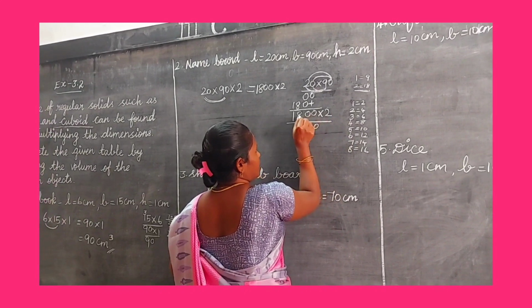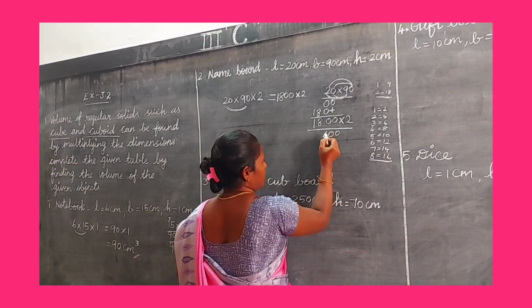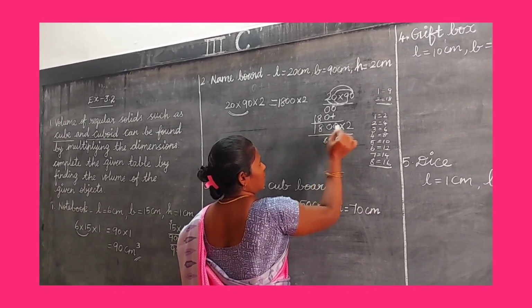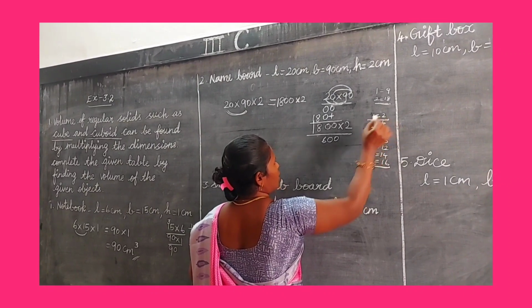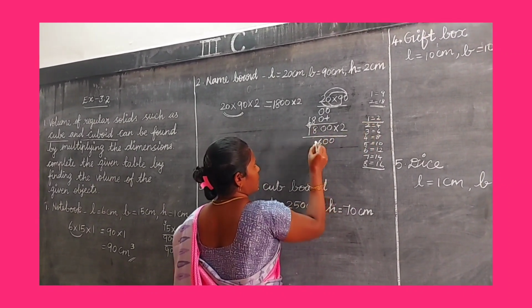So 2 eights are 16. So 16, we write 6 and carry 1. Now multiply 2 into 1. 2 ones are 2. 2 plus carry value 1 we have to add, means 2 plus 1 is 3.